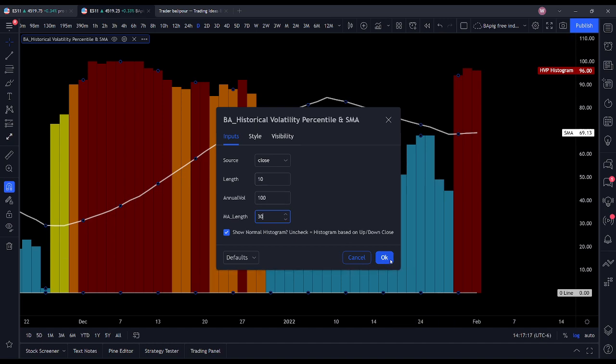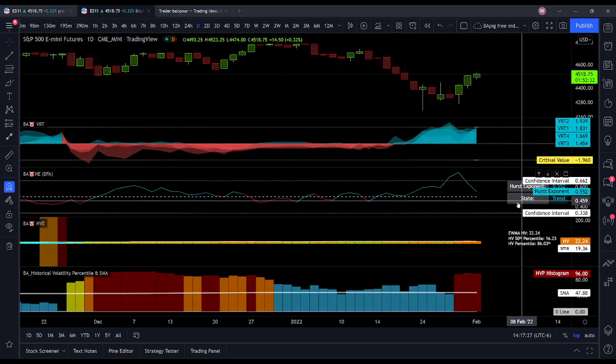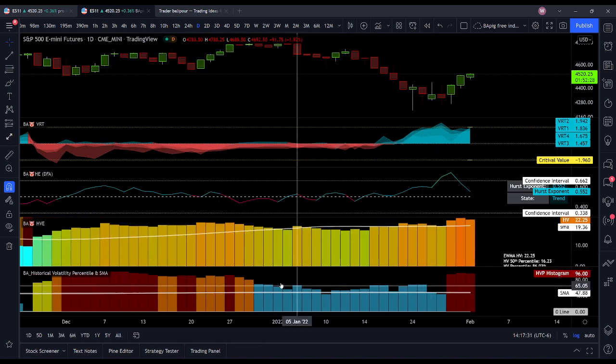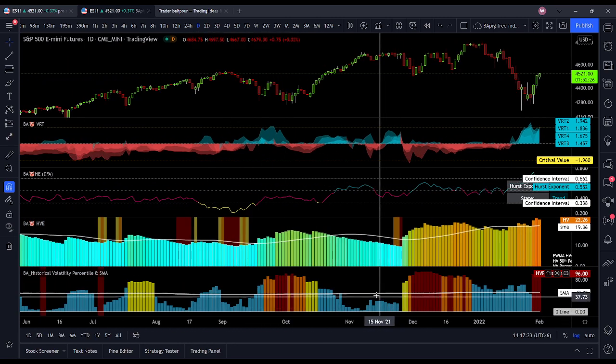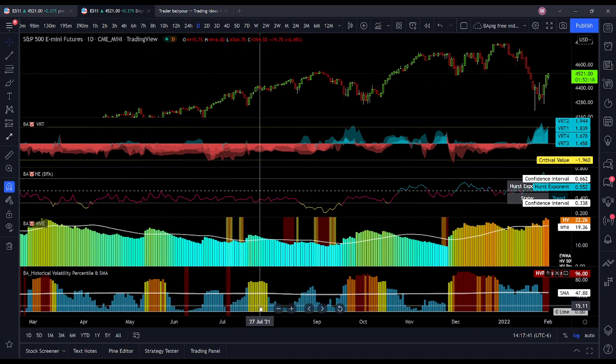So being able to read that in context, I like to change the moving average to 500. That would just give me an average, and obviously it should be at roughly about 50. I use these together, and you'll see some flashes and subsequent expansions, and the expansions happen quicker with the HVP than the HVE.